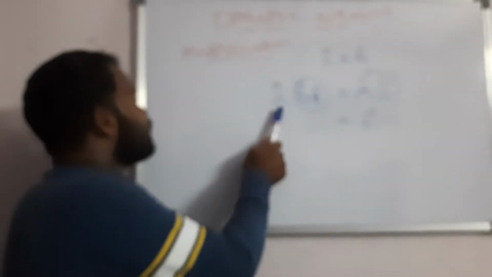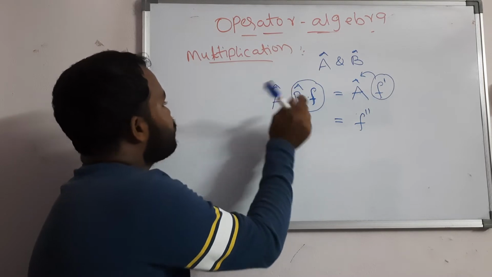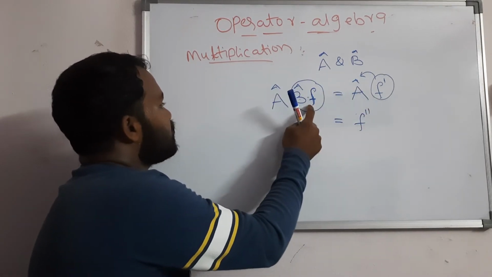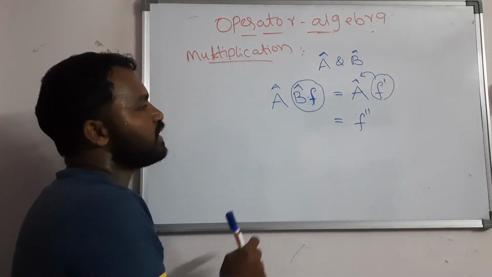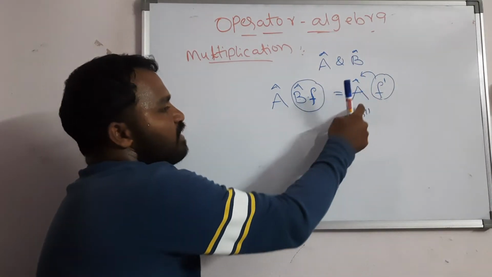So A cap into B cap into f means you should write first B cap into f, then we will get some function, whatever it is, f dash you can say. Second, A cap with f dash, I will get f double dash.